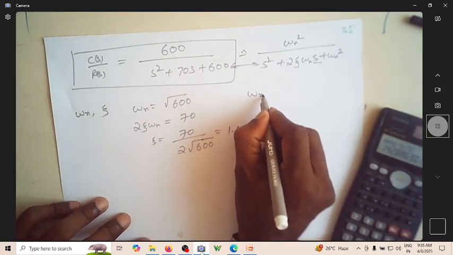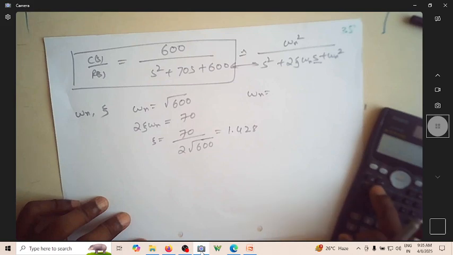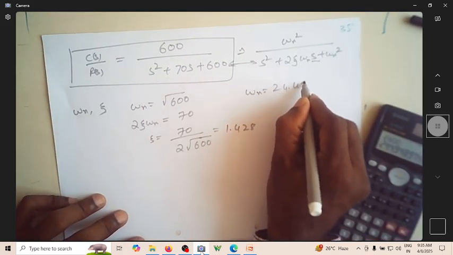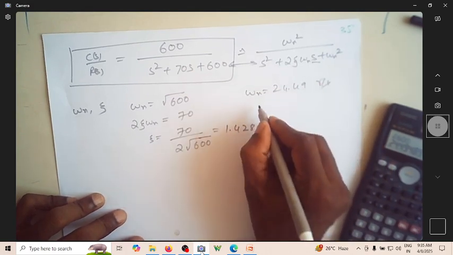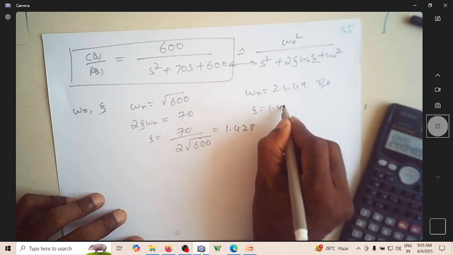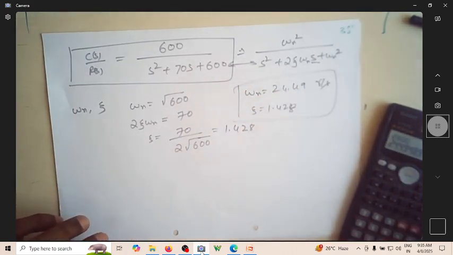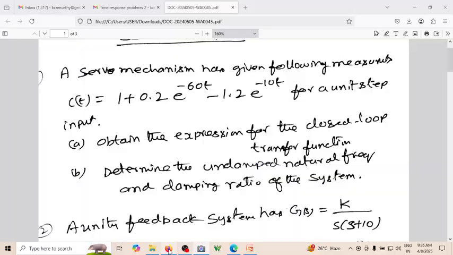So omega n is the root of 600, which is 94.49 radian per second, whereas zeta is 1.428. So these are the values of omega n and zeta. That's what the question was: we were asked to find the undamped natural frequency and damping ratio. Let us proceed.